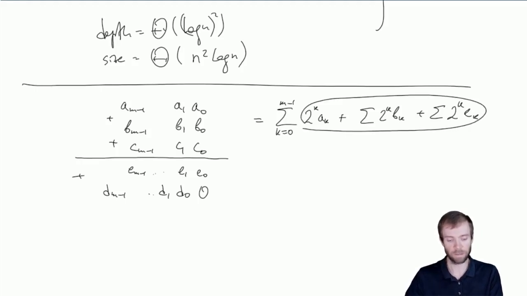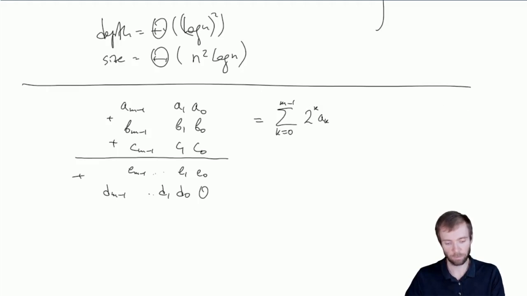Now we can combine these sums, of course, into a single sum where we have ak plus bk plus ck here.